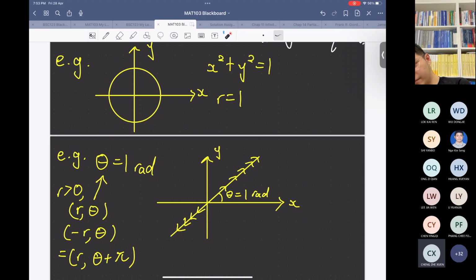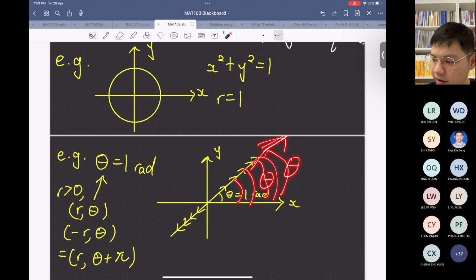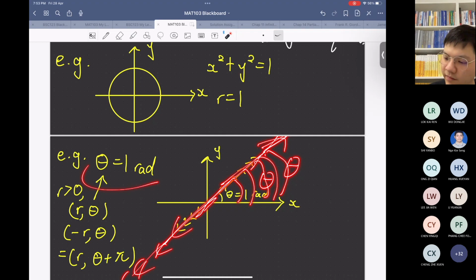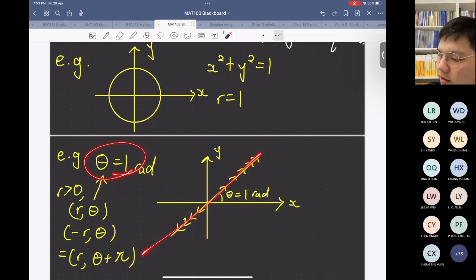I think instead of 1 radian, with any radian we can also form a straight line, right? Correct, that's right. The radius just helps you extend this line. Here are all the same angle, and then you can keep extending the radius positively and negatively. So the only condition is theta. Fix your theta and it becomes a straight line.